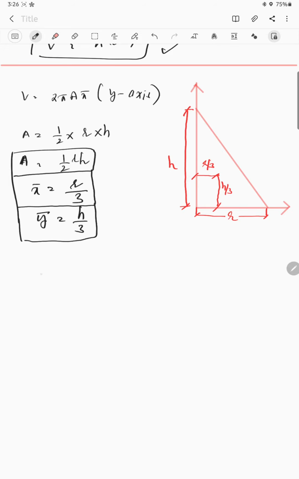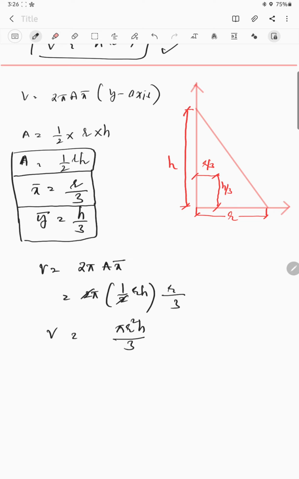So now volume is equal to 2 pi A x bar. 2 pi you have to write as it is. The area is half r h into x bar, which is r by 3. So this 2 and this 2 will get cancelled. Pi r square h by 3 is the volume when rotated about the y axis.